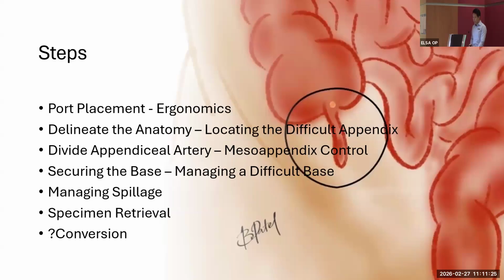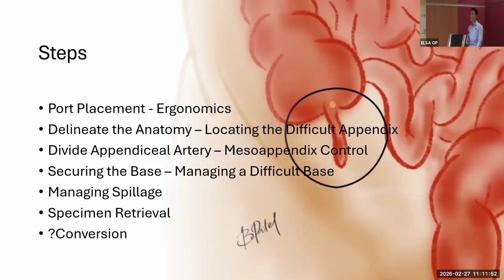So we all know the steps. First is port placement. Second is to delineate the anatomy. Third, to divide the appendiceal artery. Then how to secure the base. But what would help us to get better with this simple operation is really to look at the different steps and try and optimize them, and how to make the best surgical decision based on the different operative steps.